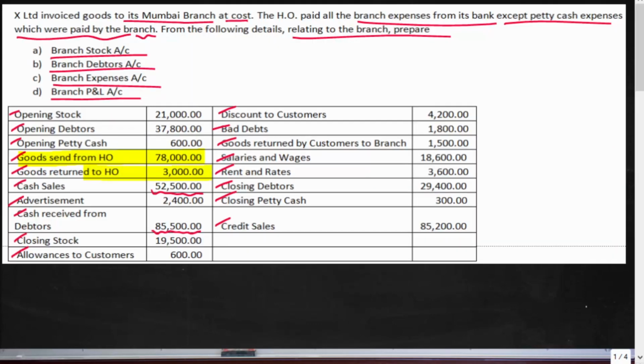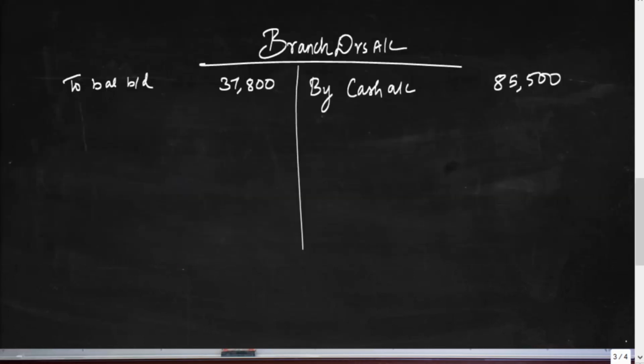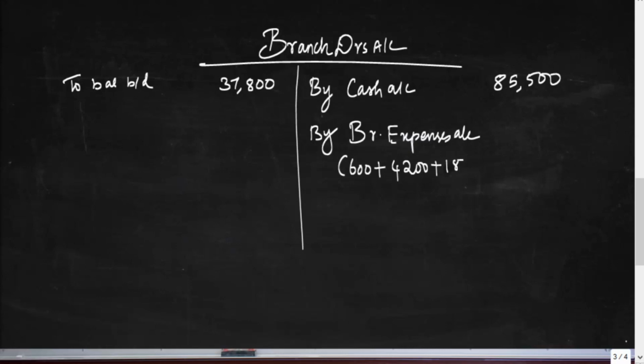Then we have allowances to customers 600, discount to customers 4,200, bad debts of 1,800. All this will reduce the debtors. So all this have to be credited to debtors. We'll write by, and what is the nature of these items? These are all the expenses of the branches, but they are going to reduce the value of debtors. So we'll write by branch expenses account, they are 600 plus 4,200 plus 1,800 is equal to 6,600.